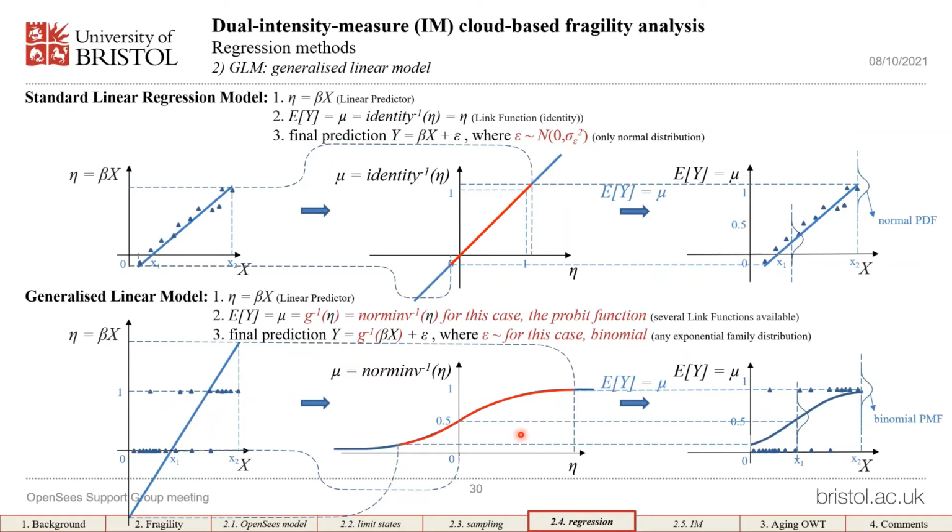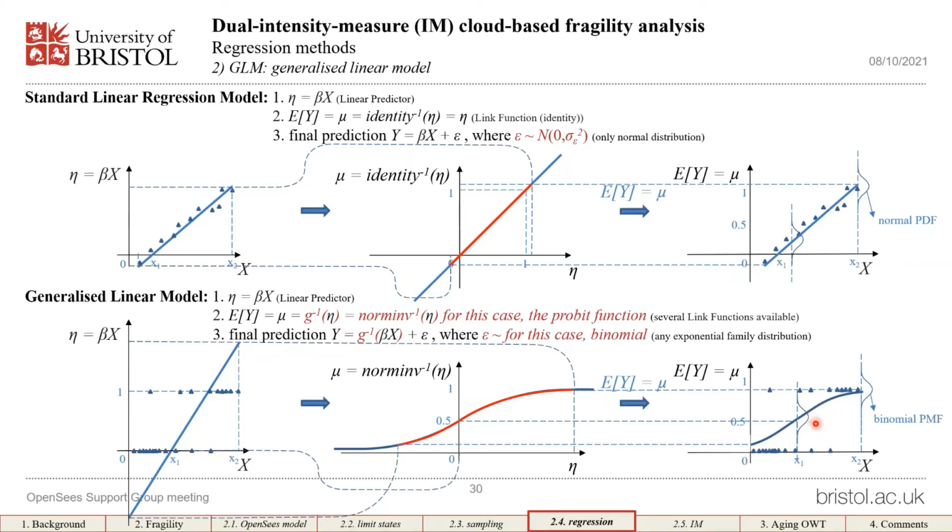Now, the link function is intentionally selected and user-defined. It is used to project this original range of linear prediction to a new range. And this new range is now suited for the binomial data, and the final prediction makes much more sense.